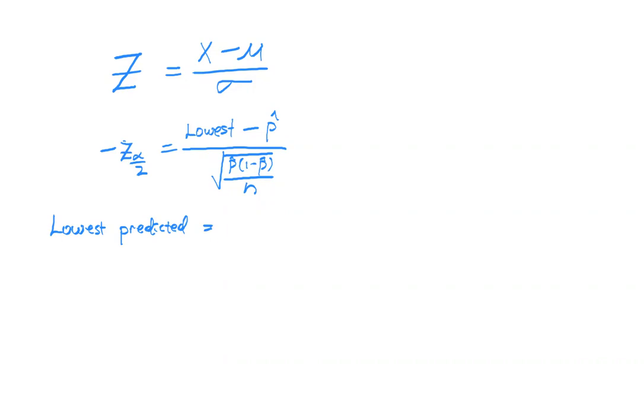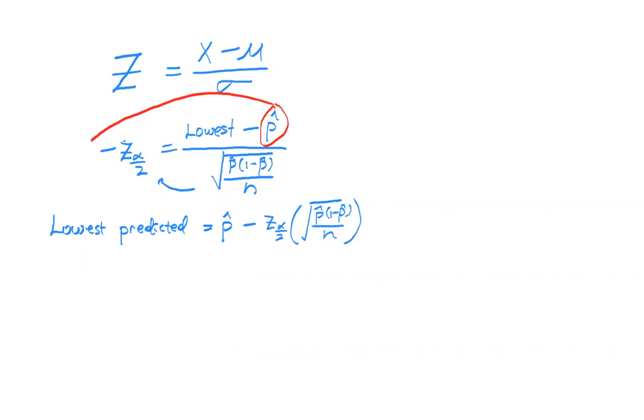So can I say that is P hat minus Z alpha over 2 times square root of P hat 1 minus P hat over N. You just bring this one over and bring this one over. Got it? These are simple mathematical calculations. I don't have to show step by step, correct? So can you do the highest also, by yourself now?